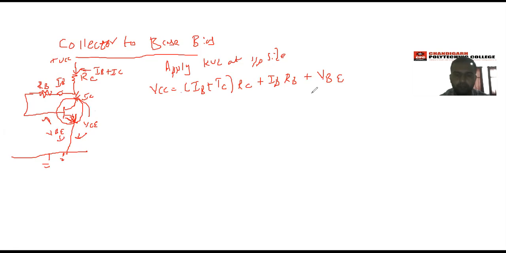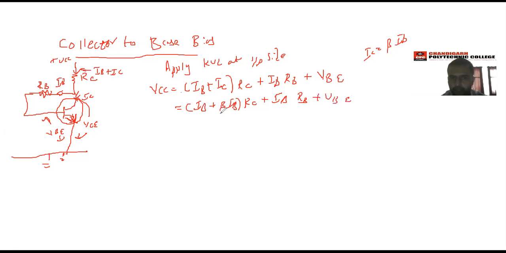So we can find the value of IB from this equation. You know the value of IC is equal to beta of IB. So we can put beta of IB in place of IC. Now this is your IB plus beta of IB multiplied by RC plus IB RB plus VBE.